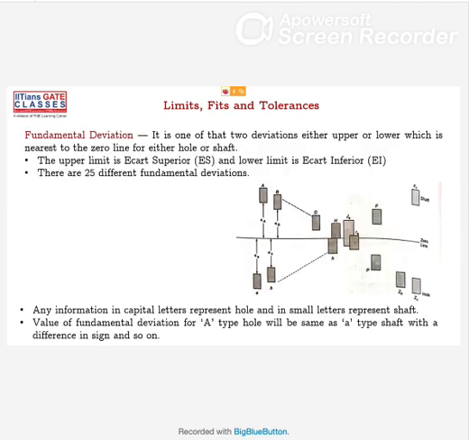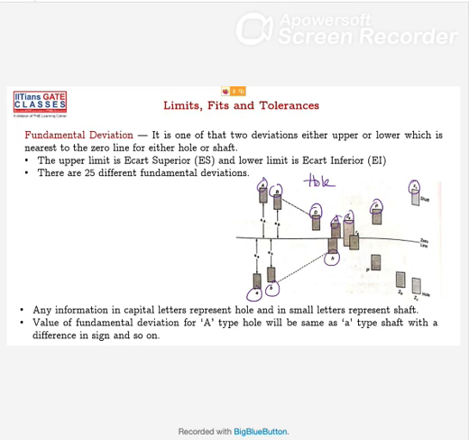There are 25 fundamental deviations. See, everything here is in capital letters. As I already told you, a capital letter represents the hole system, and small letters represent the dimensions of shafts. Sorry, these are small letters.